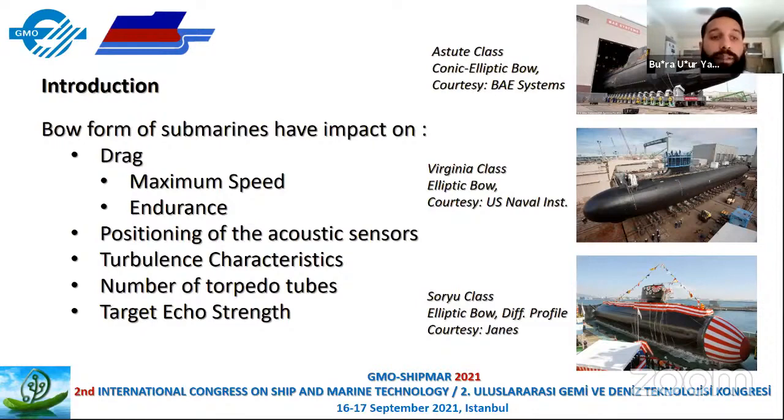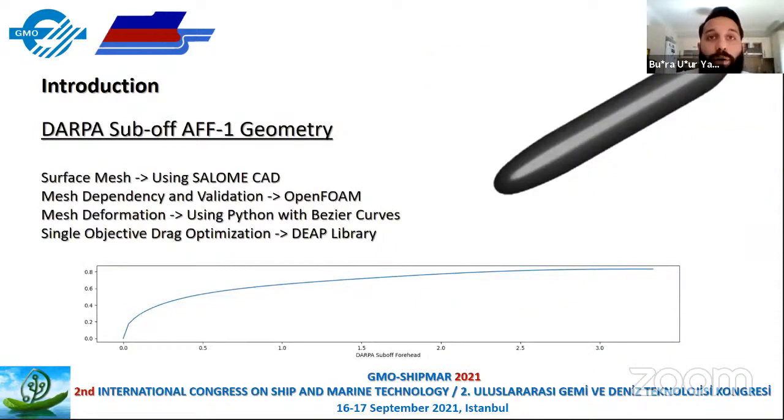In the present study, forebody drag optimization of the DARPA Suboff AFF1 geometry has been investigated. A 3D model of the bare hull form can be seen on the upper right corner of the slide. First, the geometric definition of the DARPA Suboff AFF1 form was modeled using SalomeCAD software. Then computational analysis was carried out by the open source CFD software OpenFOAM. Results have been validated with experimental data using a mesh dependency study.